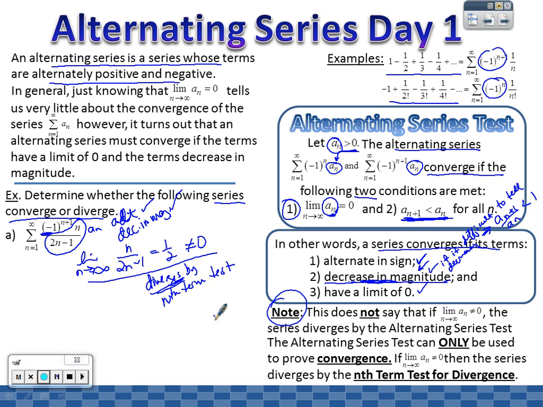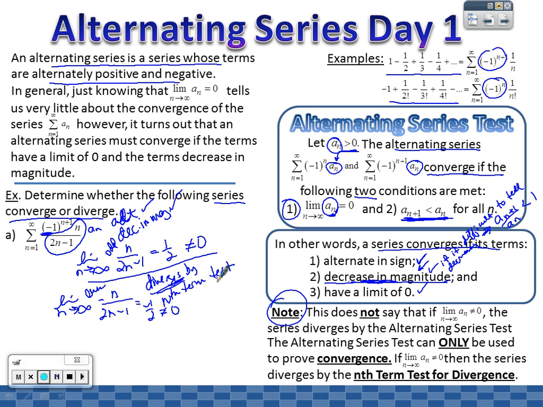But it's pretty easy to do the other one. So this would be our odd terms. Our even terms would be the negative version of this. And that would give me negative 1/2, which also is not 0. So we still diverge by the nth term test.